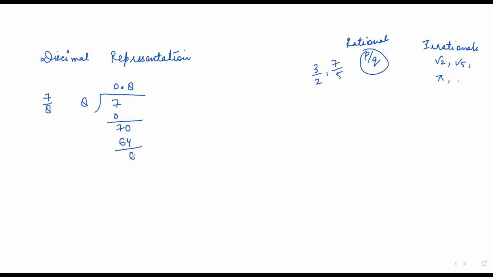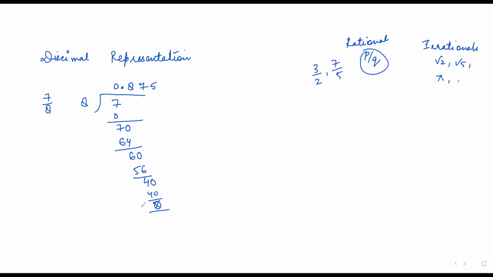So this gives you 6 here. Then put a 0. Now 8 into 7 is 56. You get 4, make it 40, and 8 into 5 is 40. That's it. So you get remainder 0. Final remainder is 0 now.